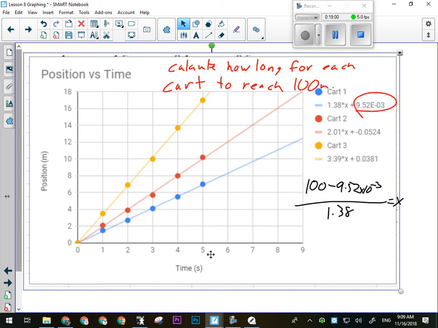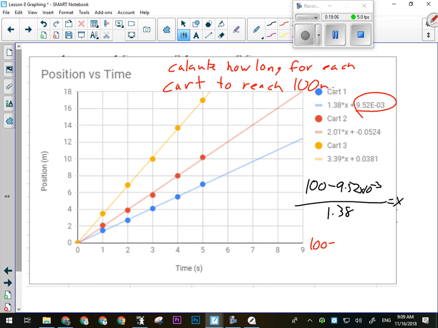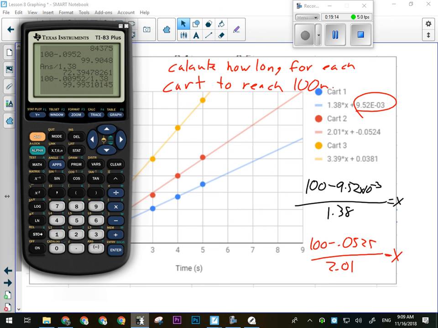For cart number 2, that's red, we're going to have 100 minus 0.0524 divided by 2.01. That'll give us X for cart number 2. So 100 minus 0.0524, and then divide that by 2.01.